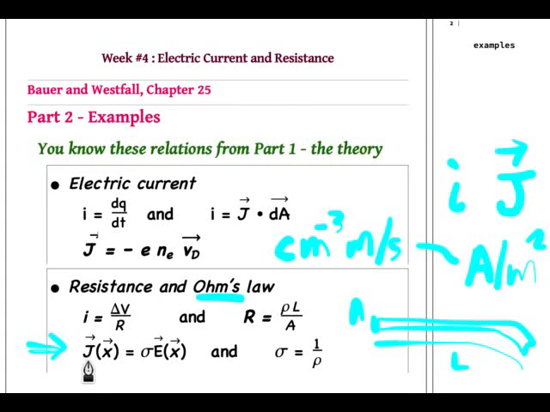And the constant of proportionality there is called sigma. Sigma is called the conductivity. And sigma is 1 over rho. So there's a material property. You could either give resistivity or conductivity. They're just inverses.